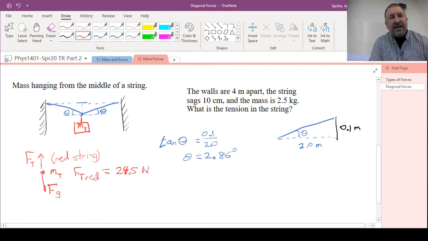The trick here is to analyze the knot, the connection in the string.